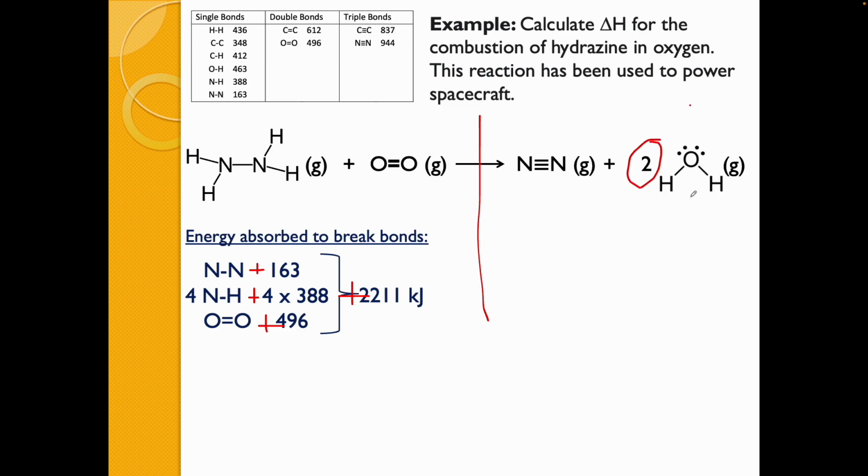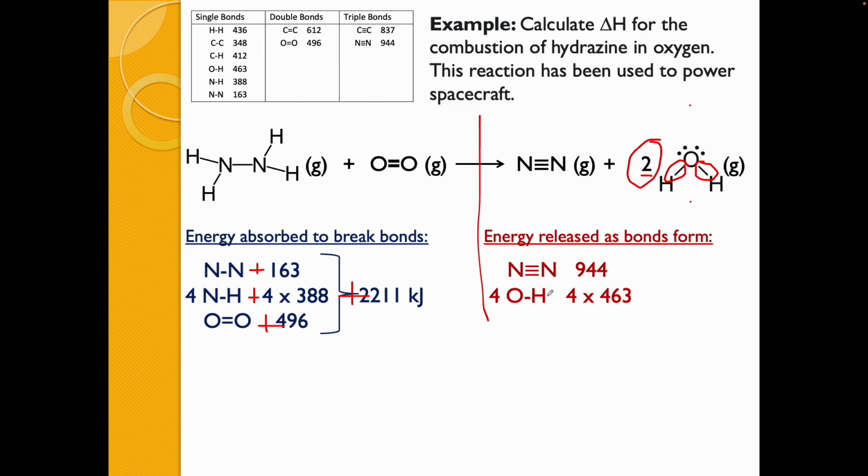Sometimes you'll draw 2 different water molecules, right? This means that you have water twice. So notice how there's an oxygen to hydrogen bond and an oxygen to hydrogen bond. But since there are 2 molecules, there are actually 4 oxygen to hydrogen bonds.